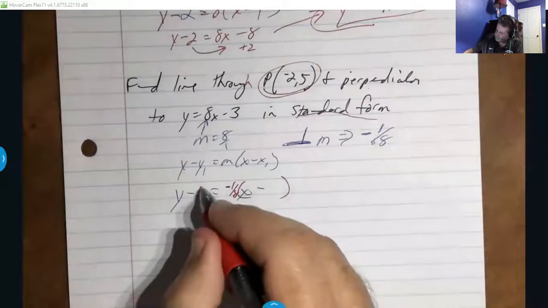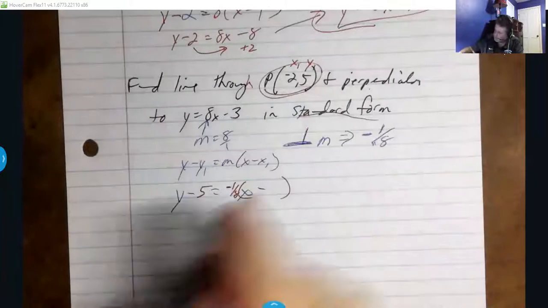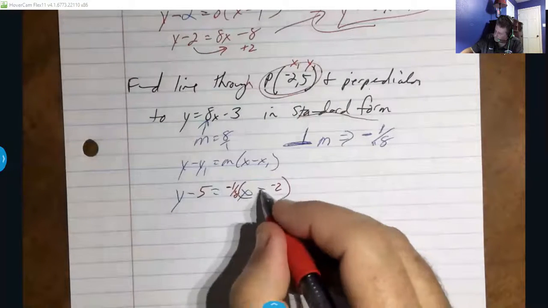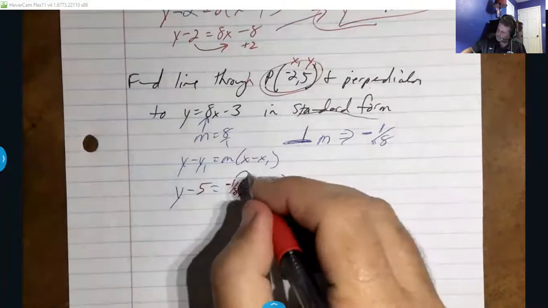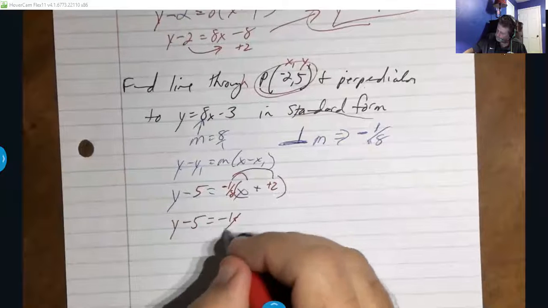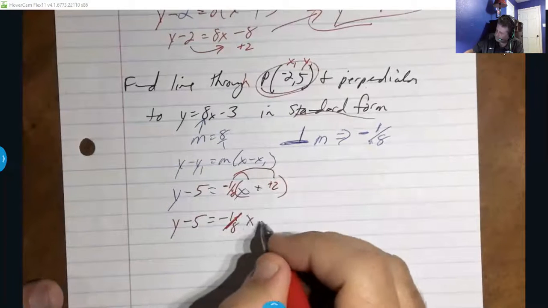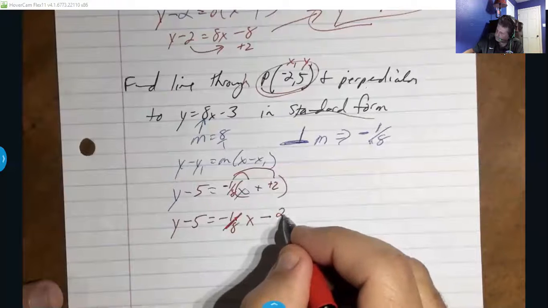So we're going to put a 5 here. That's my y, because this is x1, y1. And this is going to be a negative 2, which is going to give me actually a positive 2. And we're going to distribute. Y minus 5 is equal to negative 1/8 x minus 2 over 8.